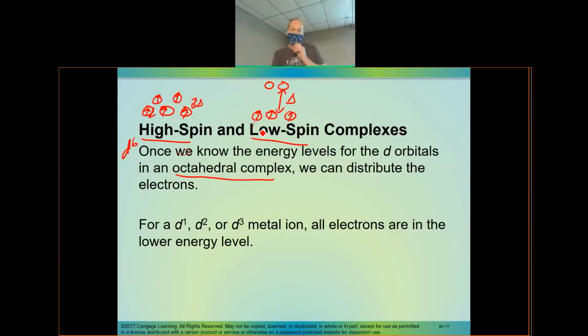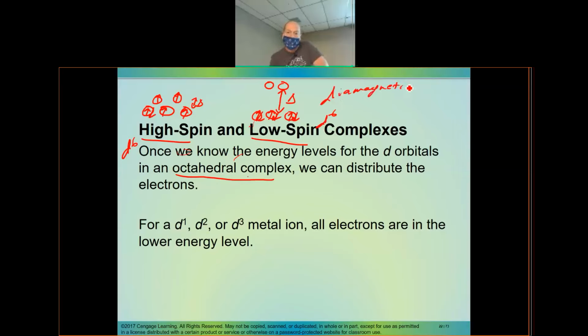Over here is low spin. That means your delta is very high. It's a very high energy to go up to that high energy orbital. It is lower energy to pair it, and so we pair the electrons. And so a D6 low spin is diamagnetic.